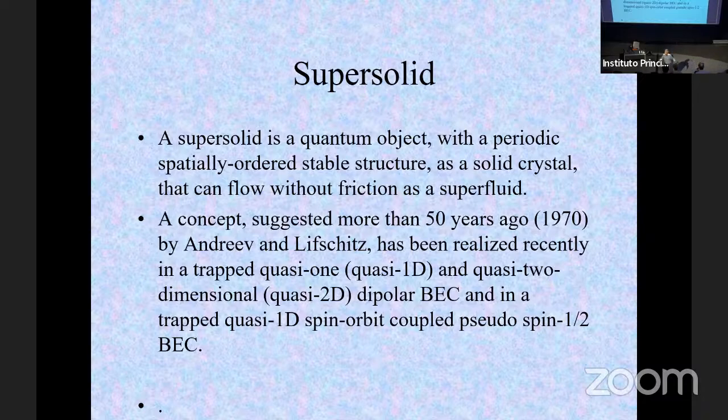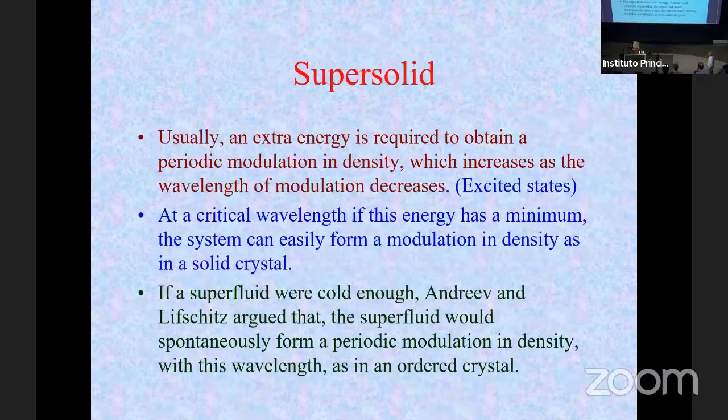It has been shown by previous speakers, but it gained more impact, more attention after the work of Henri van Lifshitz, and after that, many years passed, and only recently we have seen experimentally some signs of supersolidity. And what is the idea of Henri van Lifshitz?